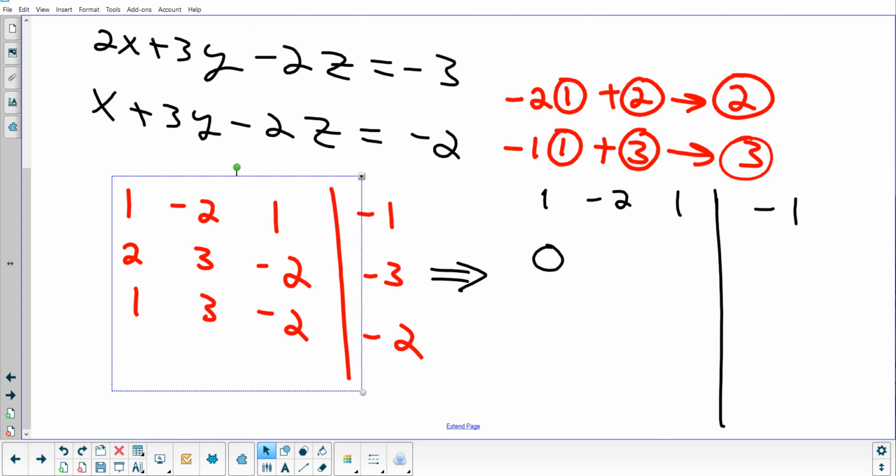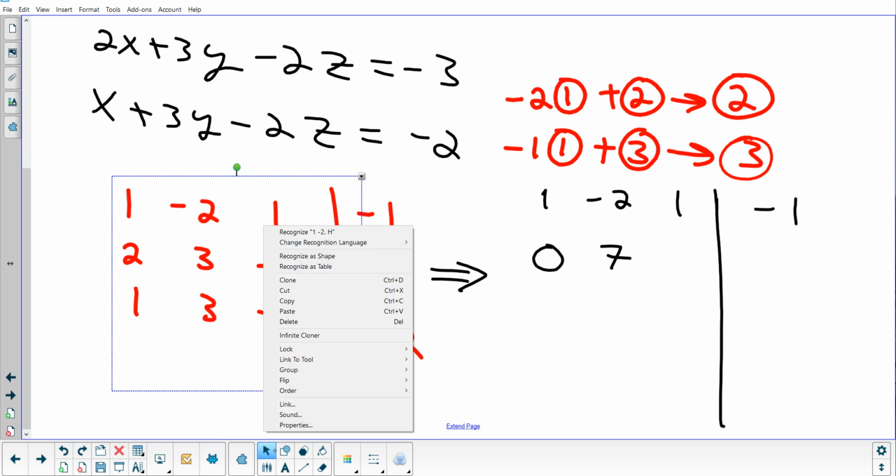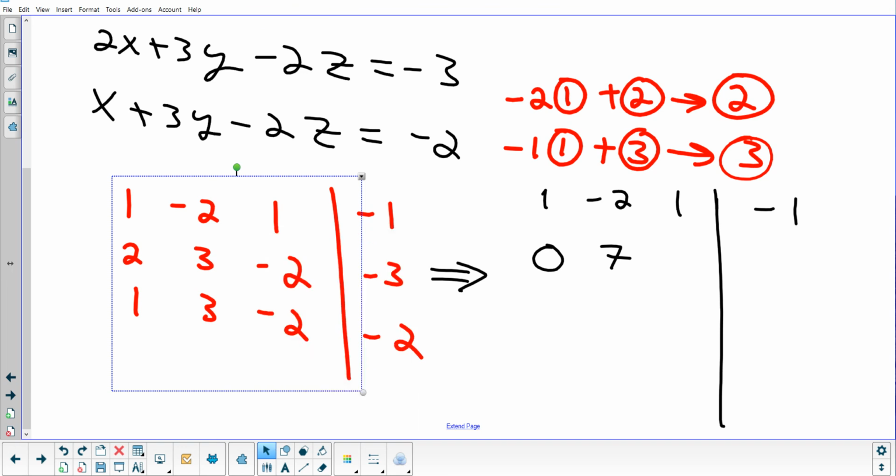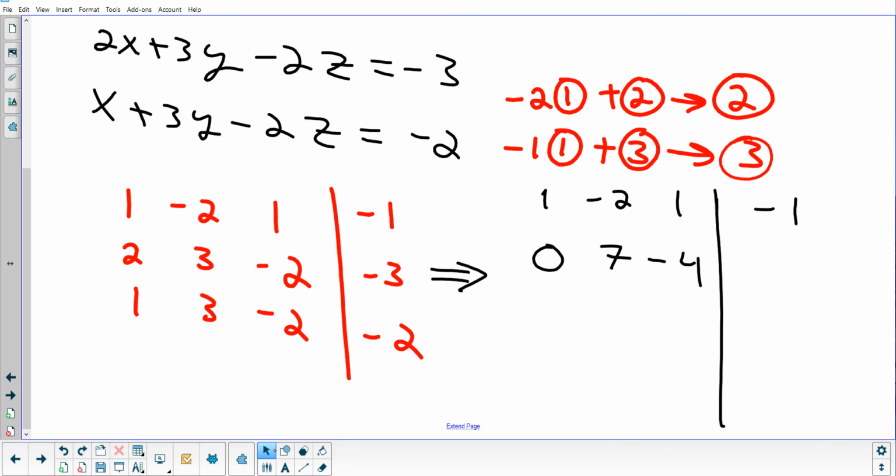Plus 3? 7. 1 times -2? -4. Plus another -2? -1 times -2? 2 plus -3. So I multiplied everything by -2 in the first row and added it to the second.